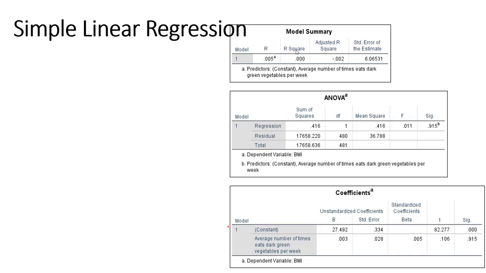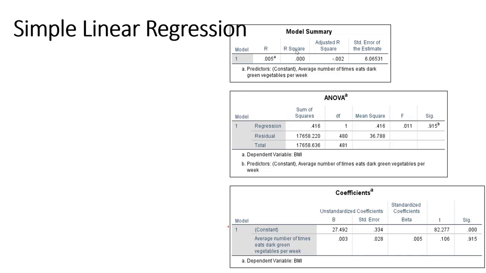As shown, the test did not produce evidence that green vegetable consumption explains BMI. As you can see, the R-squared value is 0.000, which means the two variables are completely uncorrelated. The ANOVA table shows the same thing with a significance value of 0.915 indicating no association.